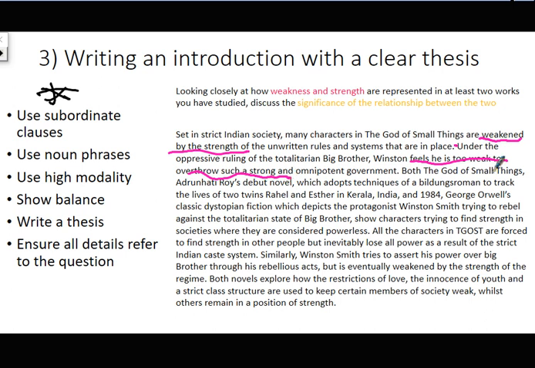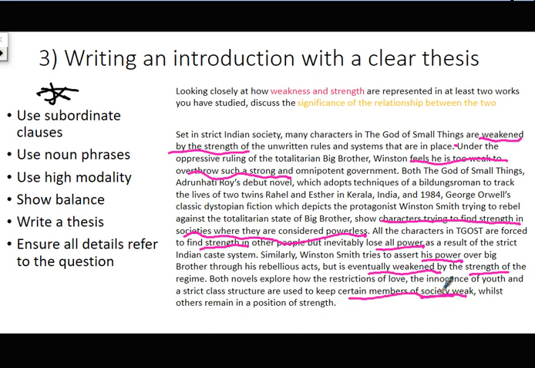And then we don't need to link to the question necessarily when we're given the details about the text, but then we come straight back and say characters trying to find strength in societies where they're considered powerless, linked to the question. Forced to find strength in other people but lose all power. His power weakened by the strength. And then obviously in our thesis statement, that's where it's most important.